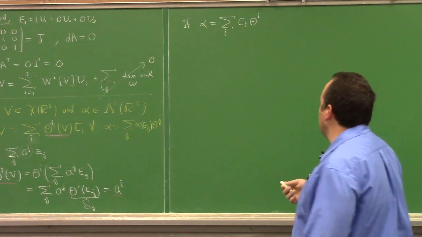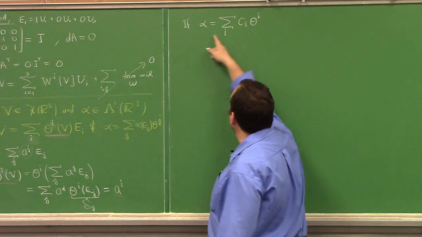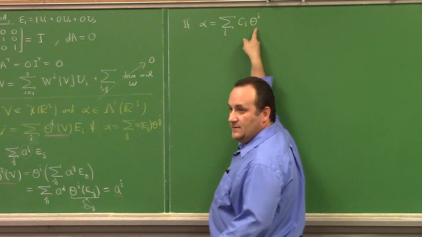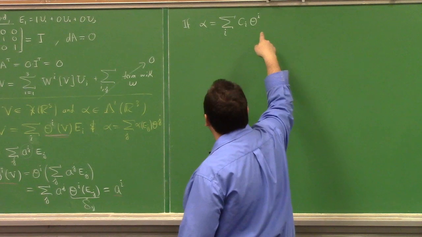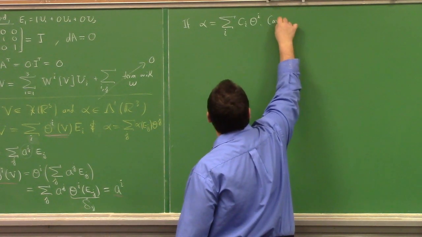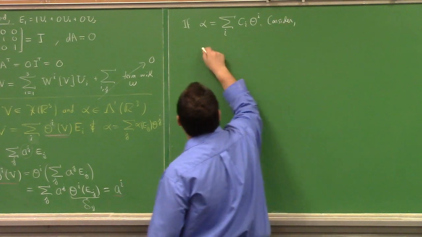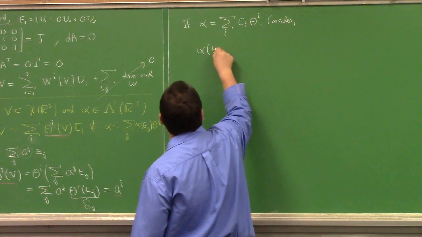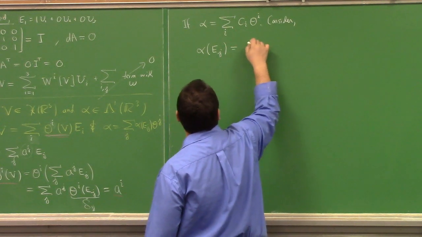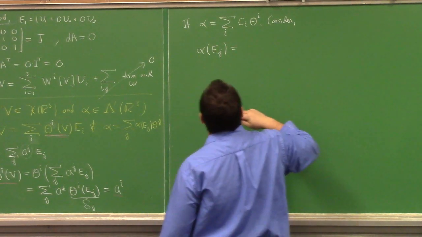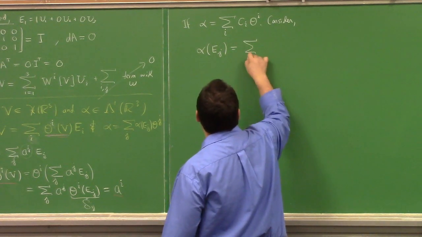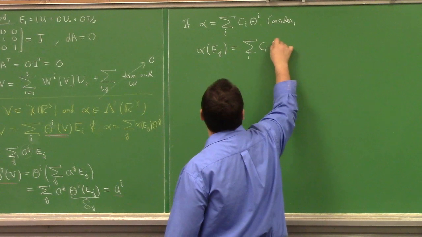So since the coframe is a frame, I can expand the one-form with coefficients like this. Then consider alpha on e_j. What do we get? I get this sum over i of c_i theta i.